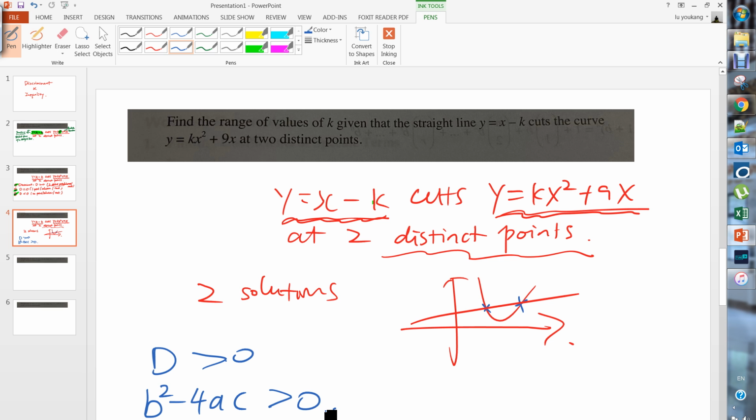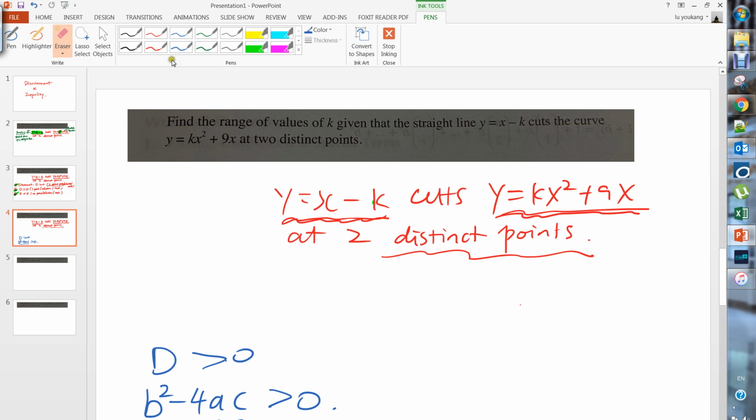Before you can find this, what you need to do is combine this straight line with the curve. How do you combine it? Can you see that you have a y here and you have a y here?